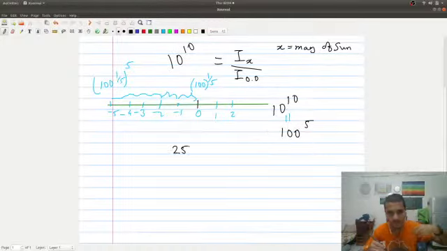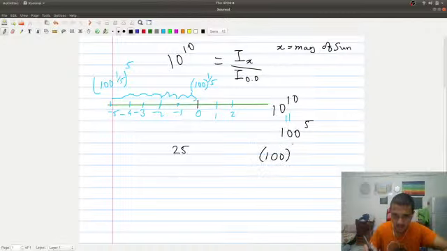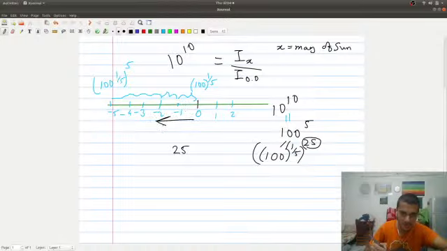I mean, you must have figured it out by now. Why? Because if you need to reach 100 raised to 5, you'll have to raise 100 raised to 1 by 5 to a power of 25. Then this becomes 100 raised to 5. So that means you have to go 25 steps in this direction. So that's the answer to question 2.